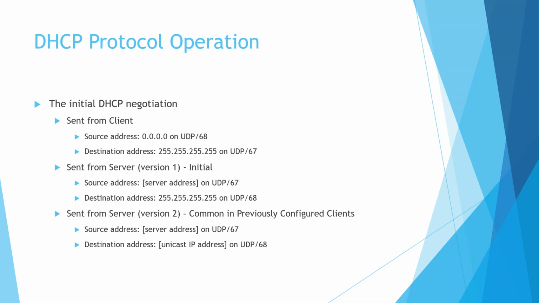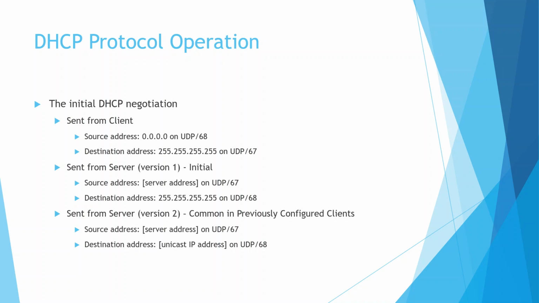From a server perspective, there are two different ways that we can do this, and we'll see one of these in Wireshark shortly. There's an initial one, and then there's one for previously configured clients. The source address from the server is going to be the server's address on UDP port 67.